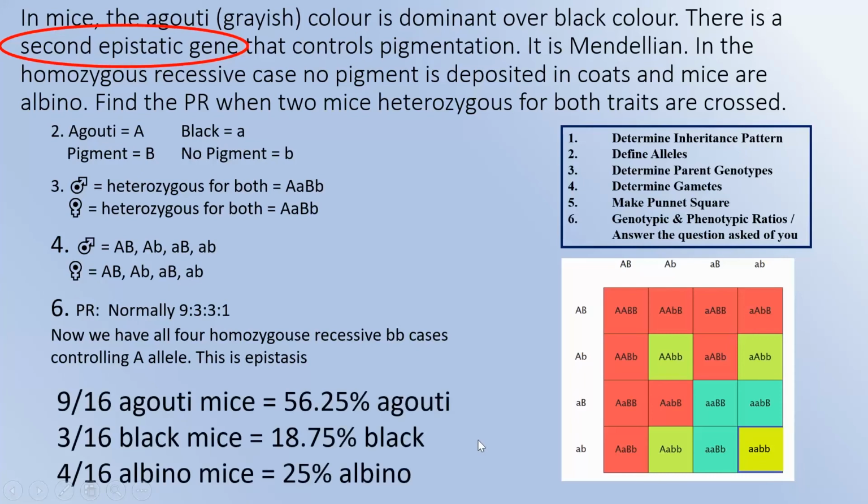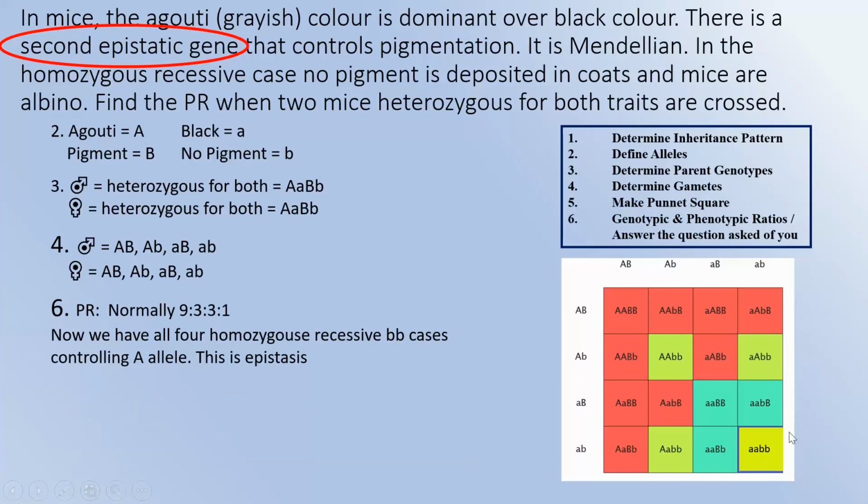Just before I get to that, if you have the double recessive case, like these 4 boxes, you're going to be albino and not have any color. On the next slide, I'm going to show you a picture that actually shows the mice. But basically, these 4 boxes have the exact same phenotype.